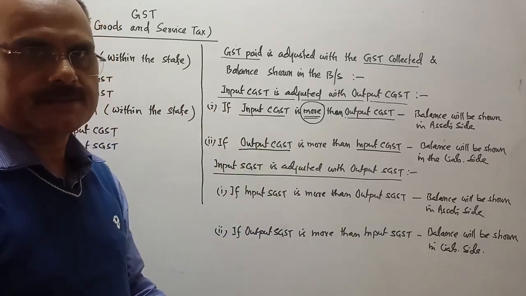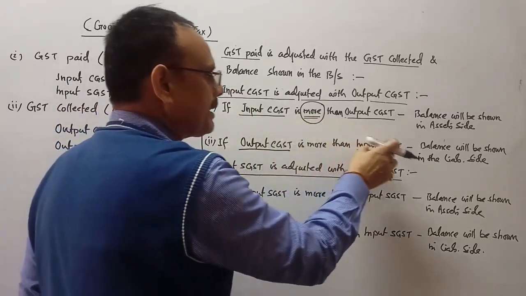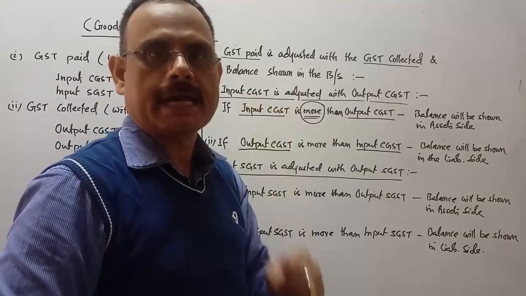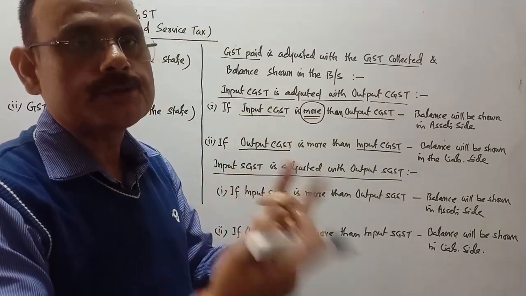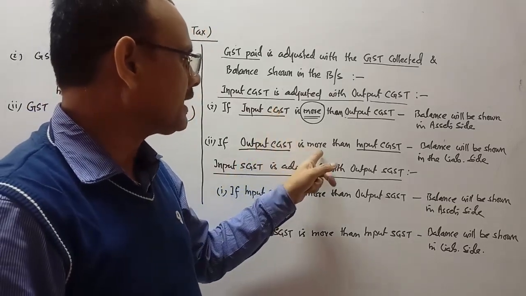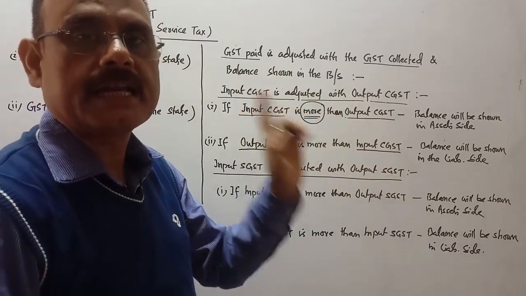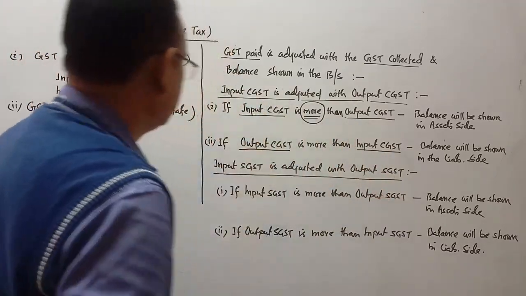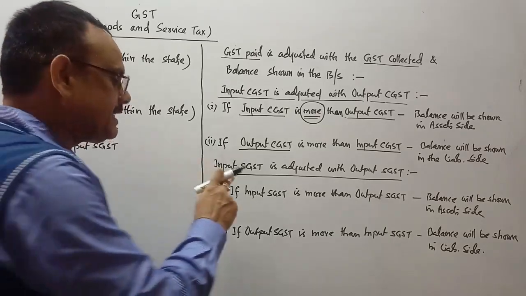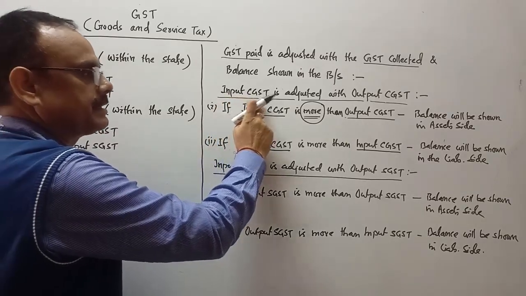So if output is more, meaning collection is more and payment is less, then the difference amount will be reflected on the liability side, and that will be deposited to the government treasury. This is about the central GST.